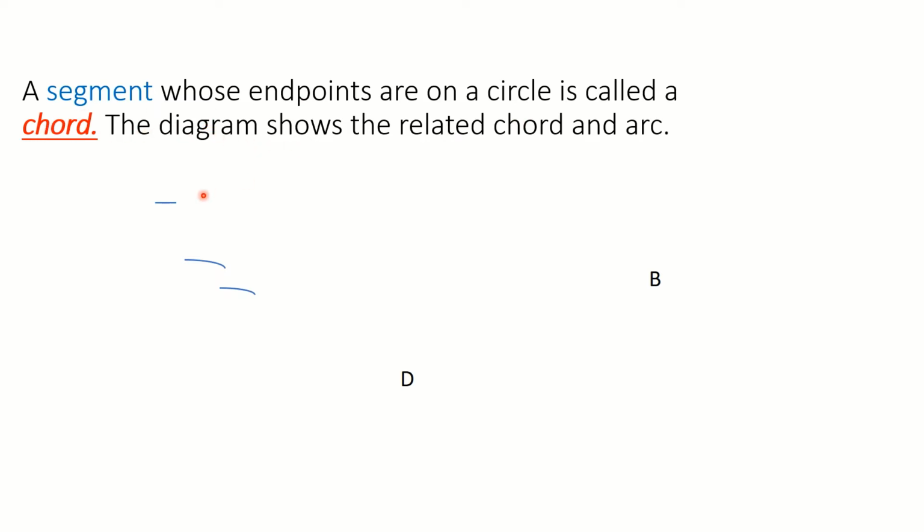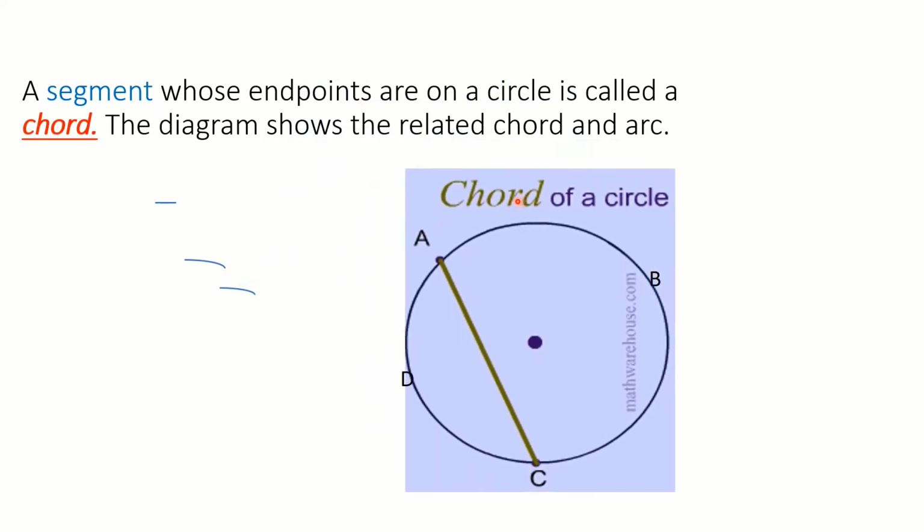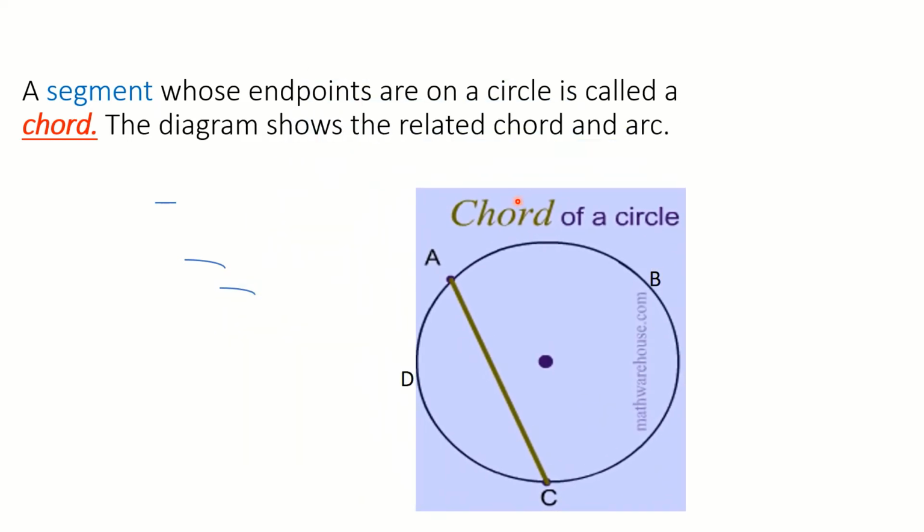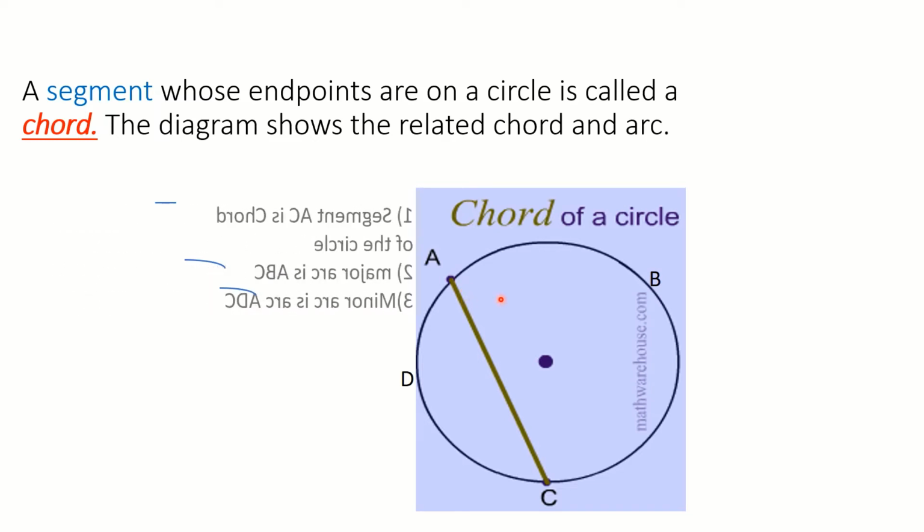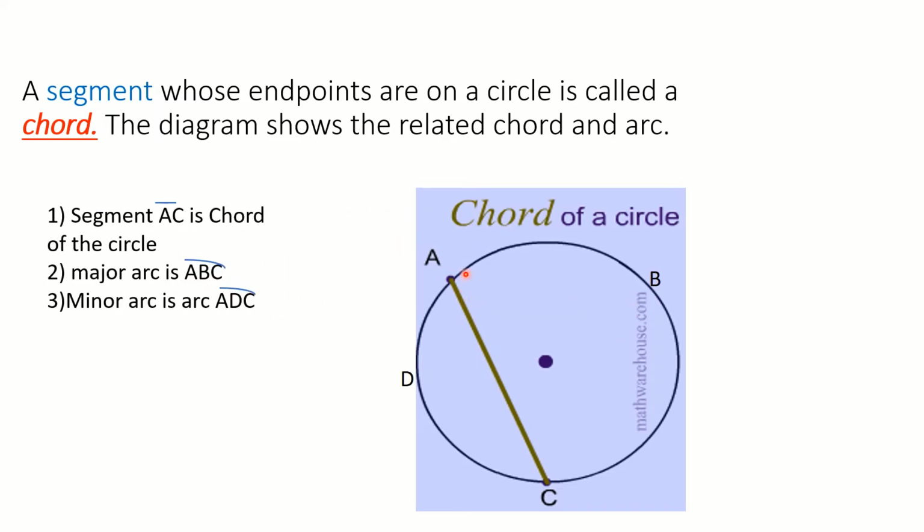The diagram shows a related chord and arcs. Look at this circle. Points A, B, C, D are on the circle. So AC is a chord of this circle, and we have the major and the minor arcs of this circle, as you have learned before.